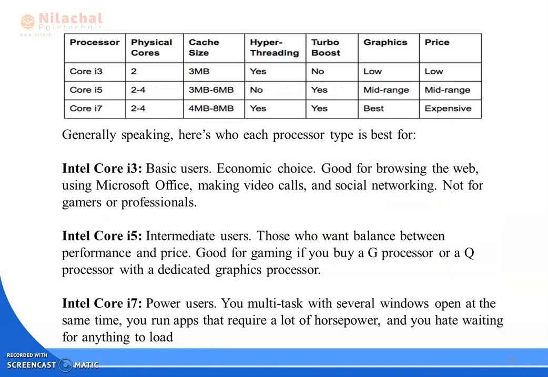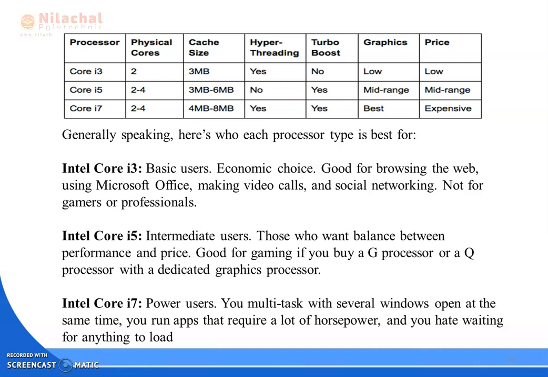Despite that, we actually need to discuss what type of processor is best for a user, and how we are going to choose a processor for our use or for any basic objective. So this is the table which speaks about each processor and what it is best for.